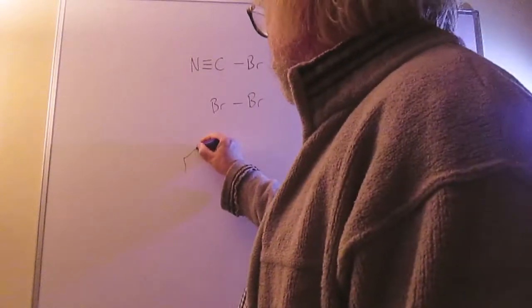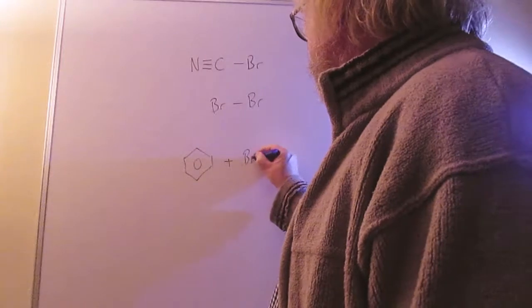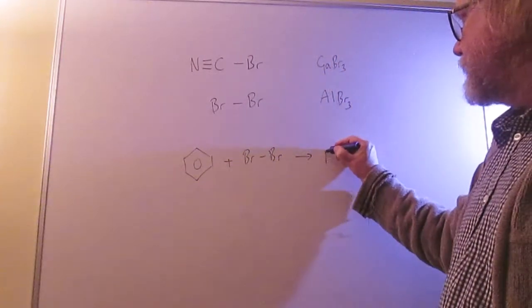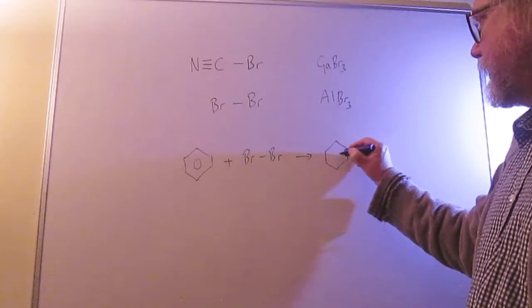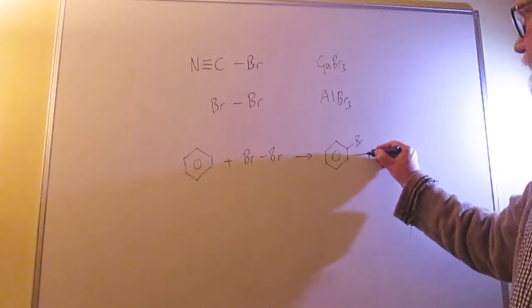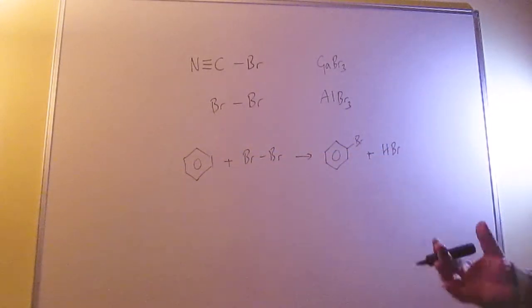So you just think, okay, benzene plus bromine gives you bromobenzene plus HBr, and hopefully that's a reaction that you're very familiar with and very confident about, and so you just think, oh yeah, this is going to be the same.